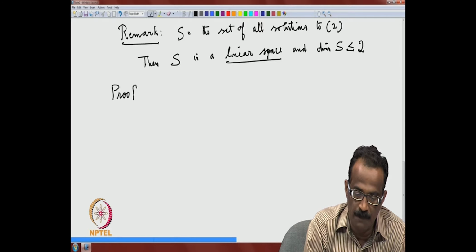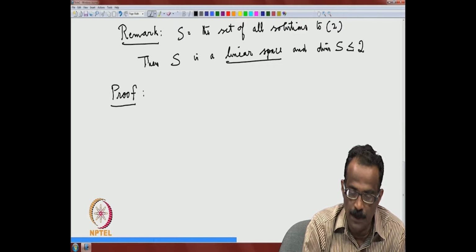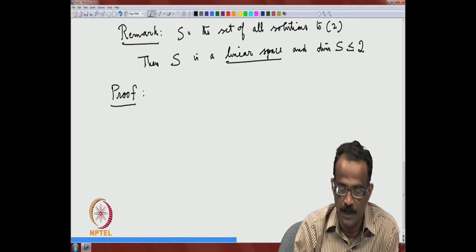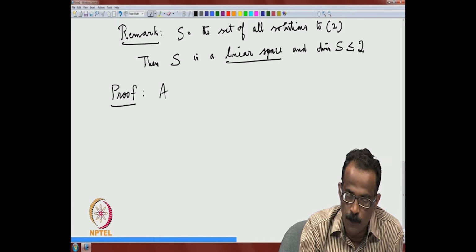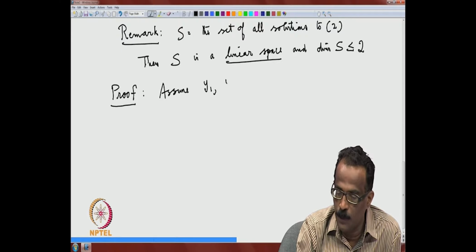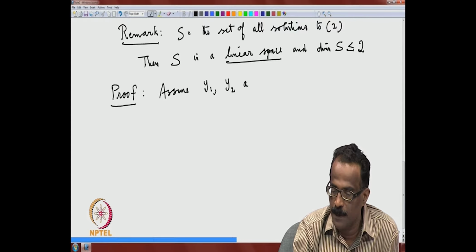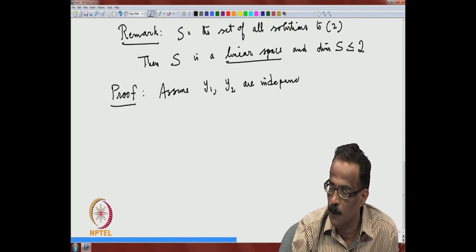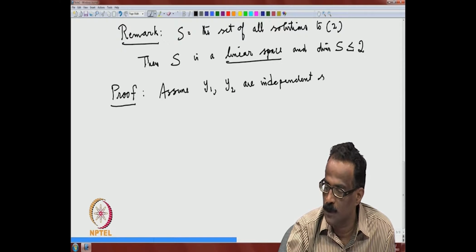The proof is not really difficult, only one part has to be proved. So, assume y1, y2 are independent solutions.